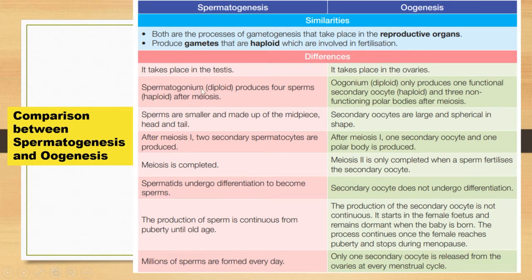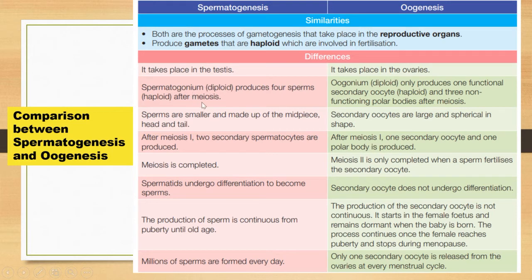One spermatogonium produces 4 haploid sperms after meiosis.